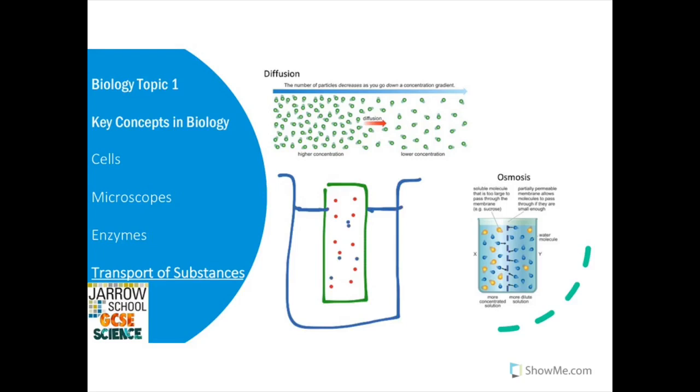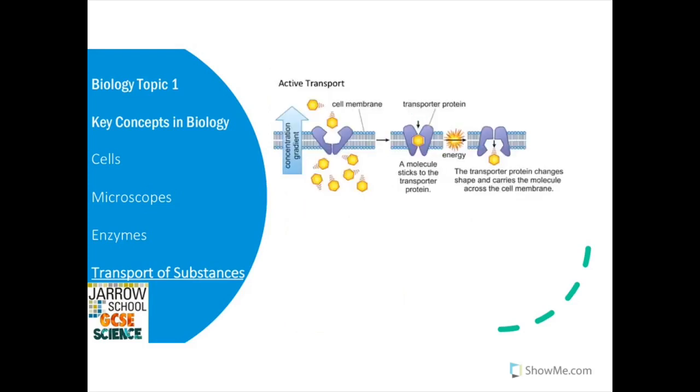So there'll be some water inside the potato as well, and some water outside the potato. But because the water outside the potato is more pure, or there's a higher concentration of water molecules, the water will move into the potato cell, making the potato cell gain mass. Now, this is often a question that is asked on the exam paper, and you do need to be able to explain osmosis in terms of moving into potatoes, but really it is about moving into cells of any kind.